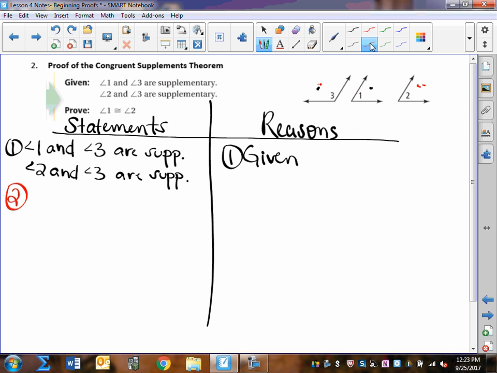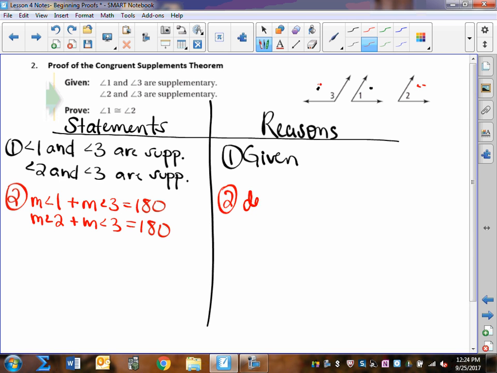We know that means their measures, measure of angle 1 plus measure of angle 3, add up to 180. And measure of angle 2 plus measure of angle 3 also adds up to 180. What's my reason for that? Good, definition of supplementary. See that they're supplementary, translate that to the measures.